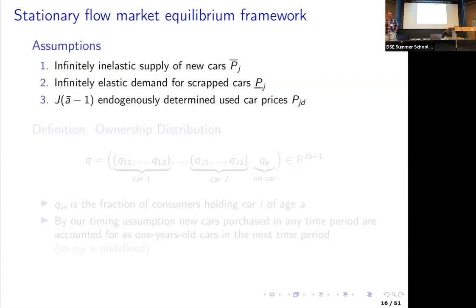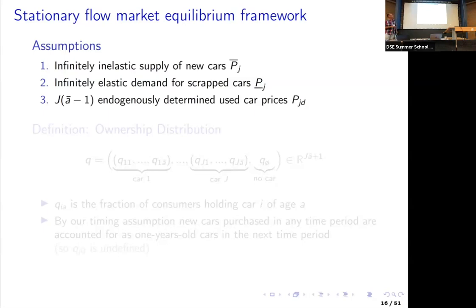Within this framework, we're fixing the price of the new car, and yet it's completely possible to embed this into some sort of competition model between the car producers, under the assumption that this competition would take into account the effects of the secondary market. I'm spending too much time.